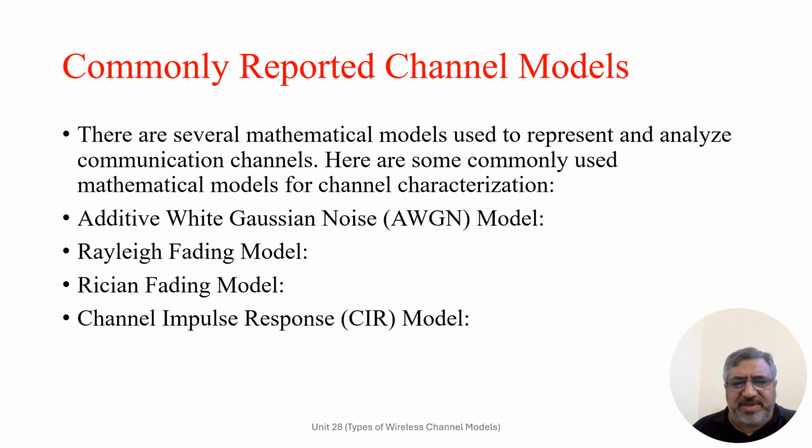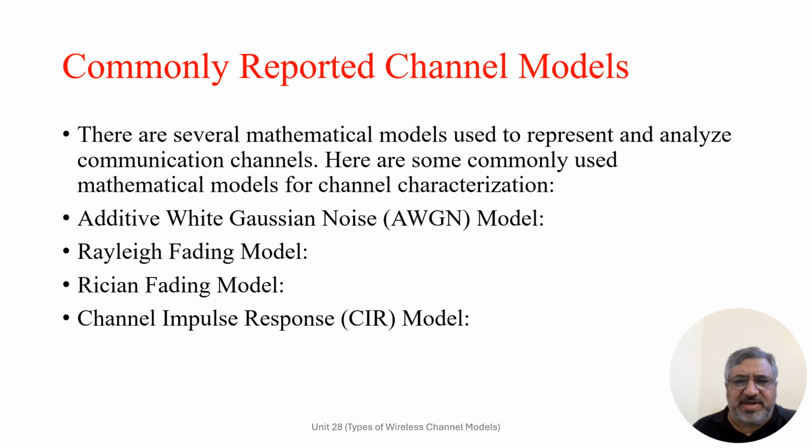Similarly, the channel impulse response model, which is also called the CIR model in the textbooks and literature. The channel impulse response model characterizes channel properties as a time-varying filter, and it represents the channel as a sequence of impulse responses, which describe the amplitude and delay of the multipath components.